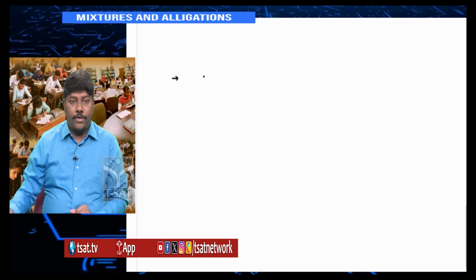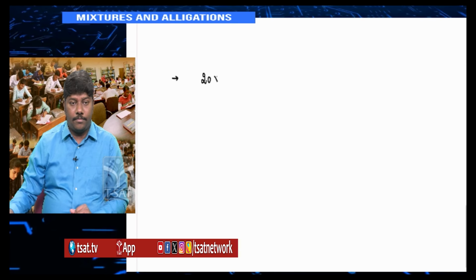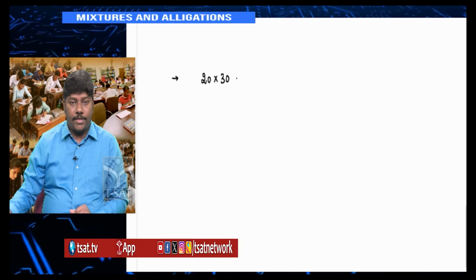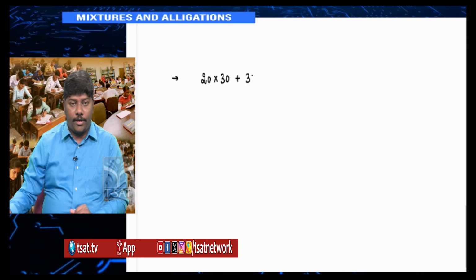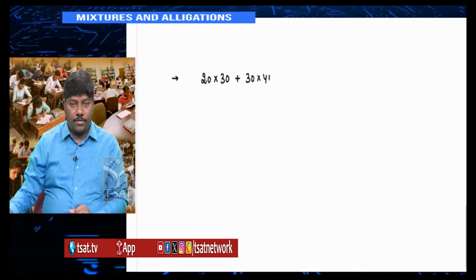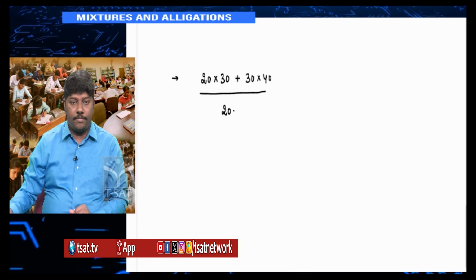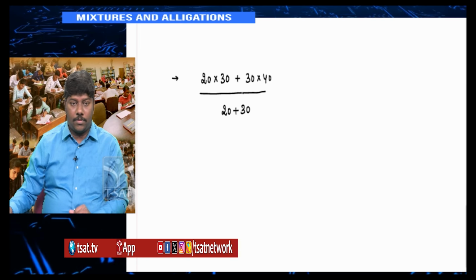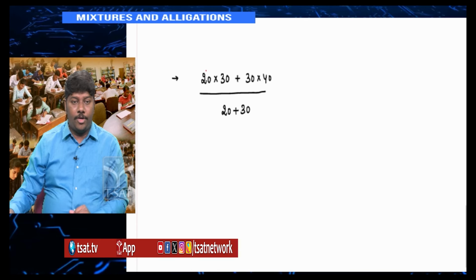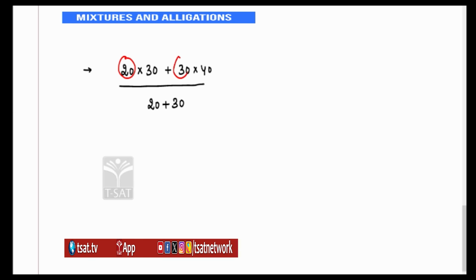It's a very simple form of grouping, but look at the concept behind this. We are multiplying 20 into 30 plus 30 into 40, dividing it by 20 plus 30. Can I take anything common from this? I can take a common factor of 10.